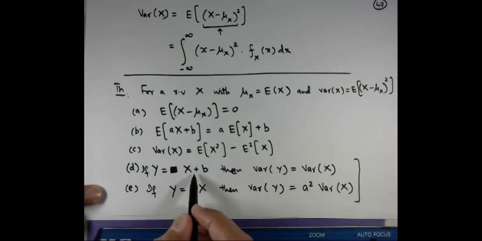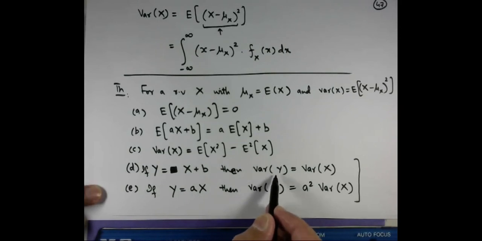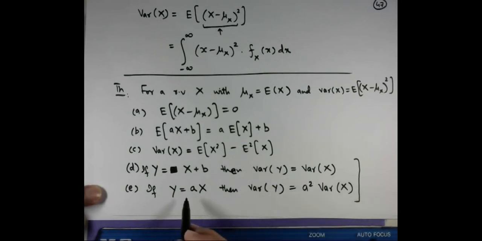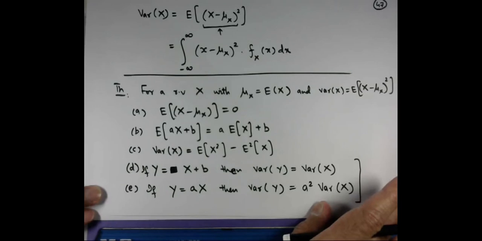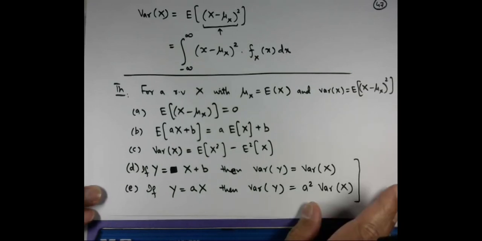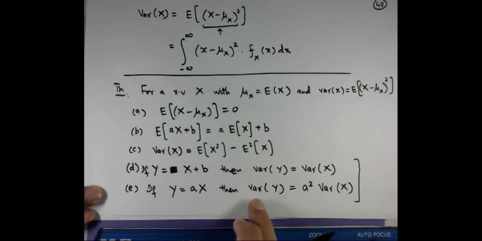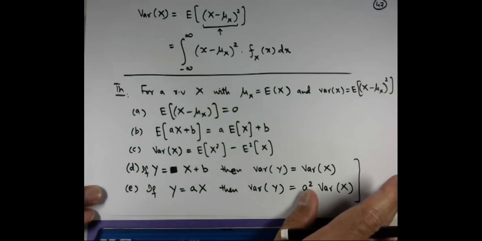If you shift a random variable, then variance of y will be equal to variance of x. But if you scale a random variable x with some scalar a and you obtain a new variable y, then the variance of y will be a square times variance of x. So it depends what the value of the scalar is, and then this formula will give you the magnitude of the variance of the derived random variable y.